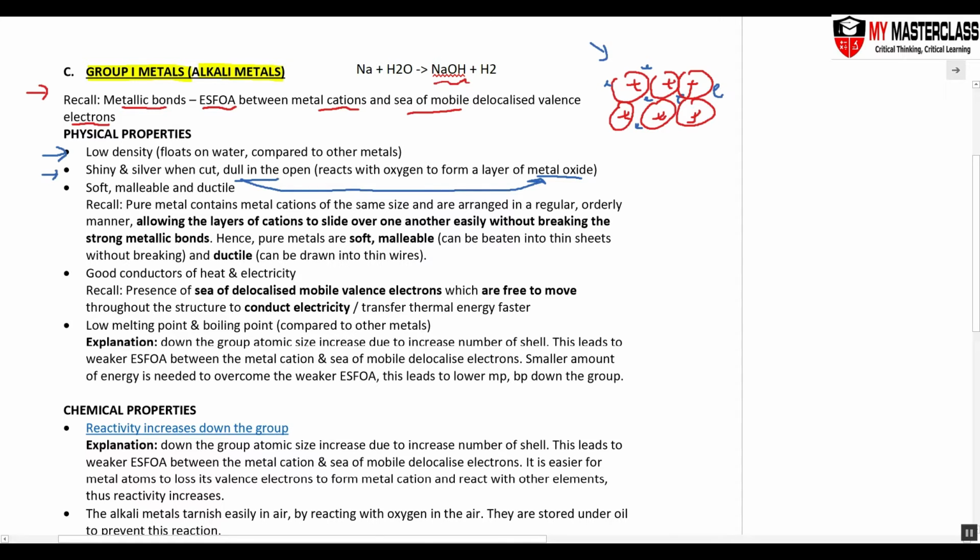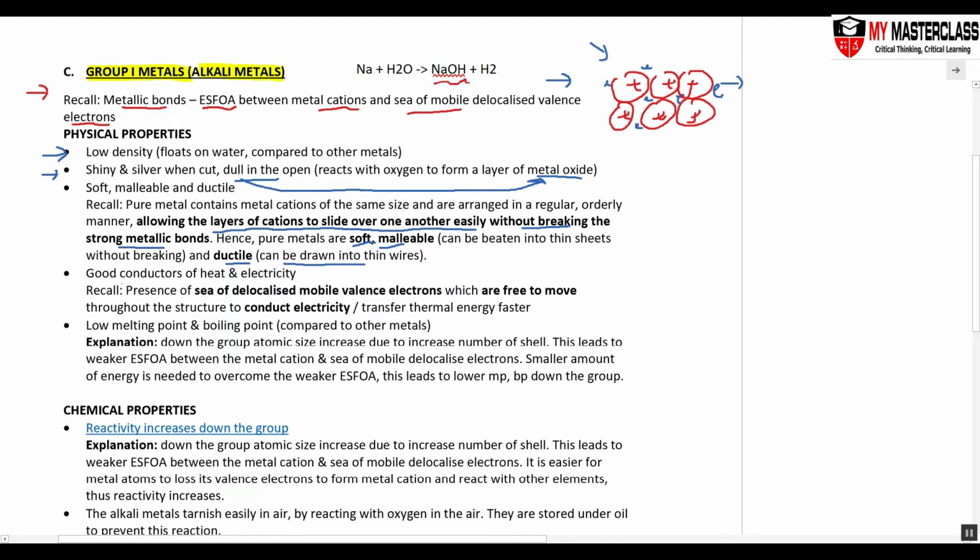So when I apply a force on this side, these cations can actually slide over, and the electrons, because they are delocalized and moving, allow these cations to slide over one another easily without breaking the metallic bonds. So they are known to be soft, malleable, can be bent into thin shapes without breaking, and ductile. I can pull it into wires.